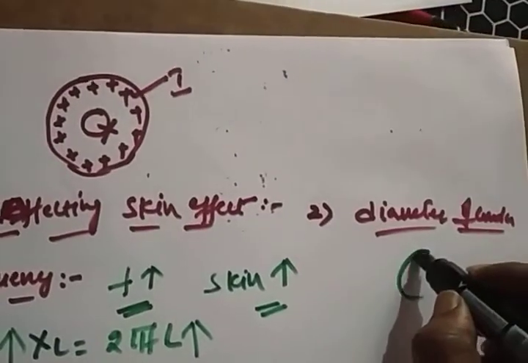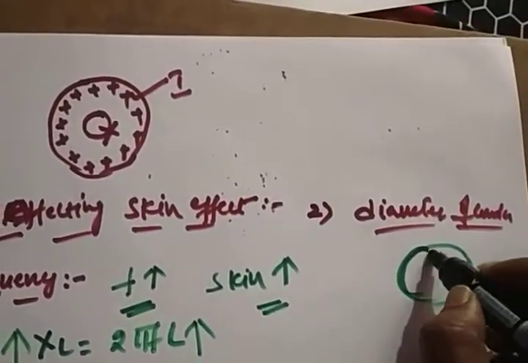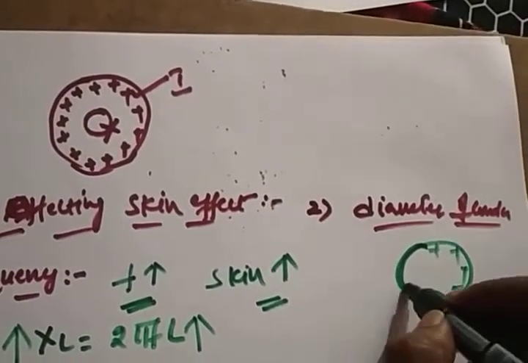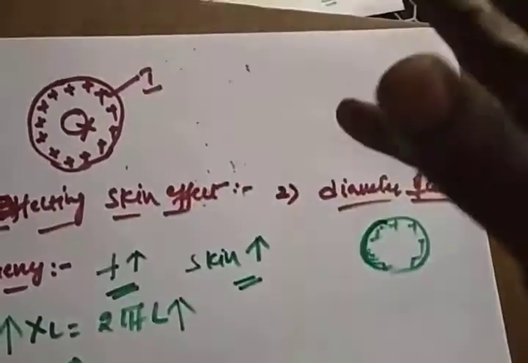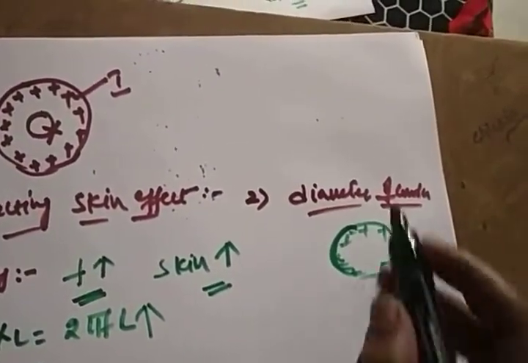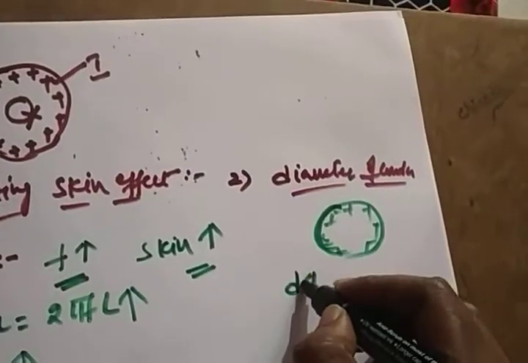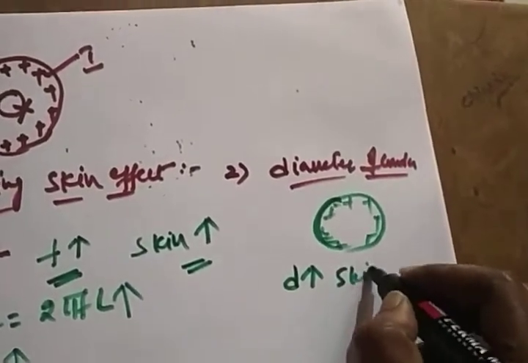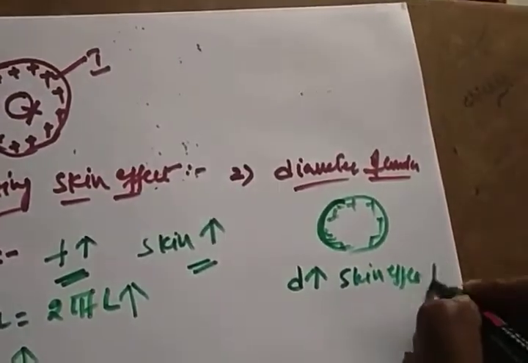If the diameter of the conductor increases, what about the skin effect? Your skin effect is increasing because with a larger diameter we get larger non-uniform currents, right? With a larger diameter, you are wasting the conductor at the middle point, right? So if the diameter increases, your skin effect also increases.